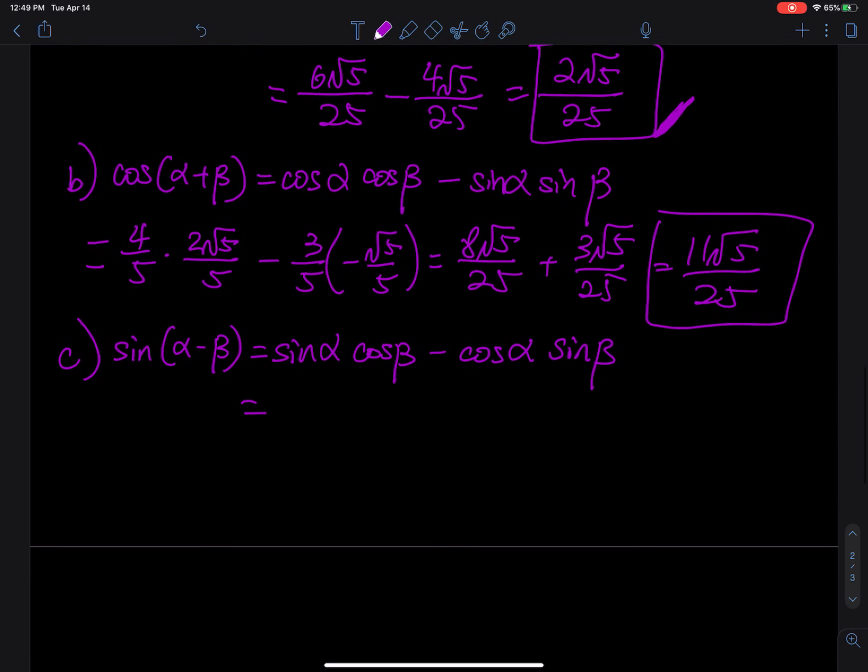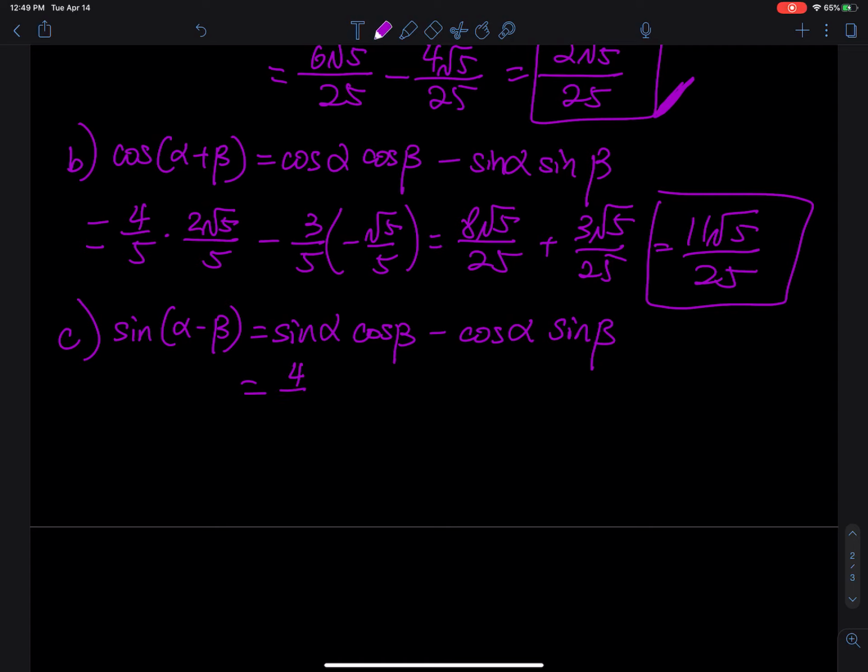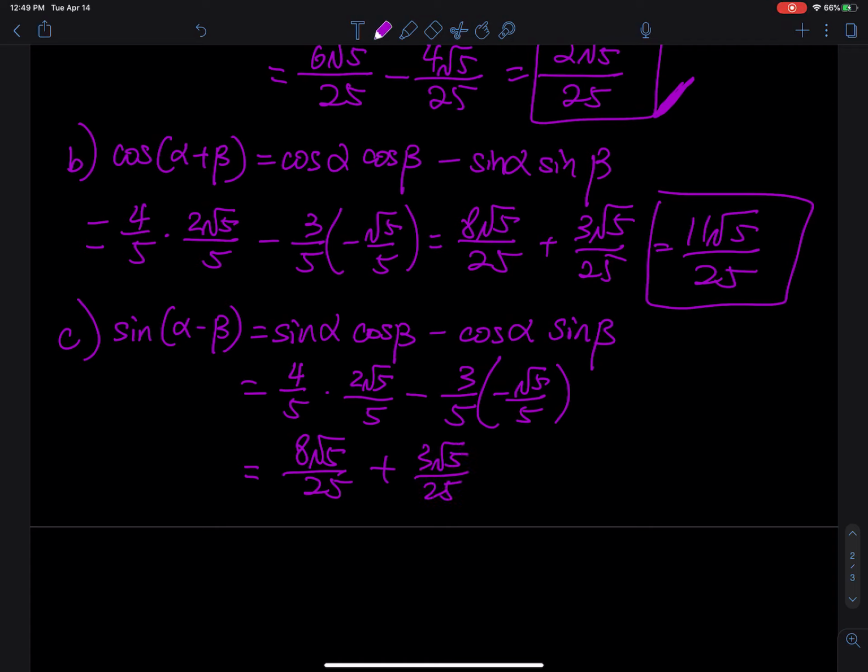So you have 4 over 5 times 2 root 5 divided by 5 minus 3 over 5 times negative root 5 over 5. You have a common denominator again. So this is 8 plus 3. Then that is equal to 11. So that is C.